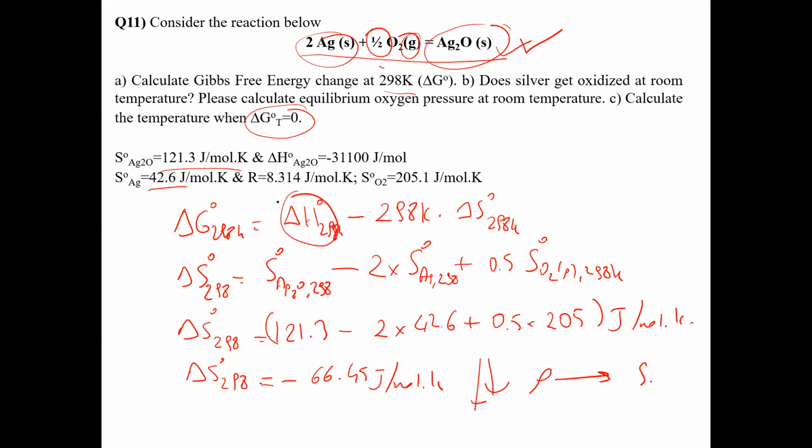And let's look at the delta H value, delta H 298. It is the enthalpy of silver oxide at 298 Kelvin minus 3 times the enthalpy value of silver plus half times the enthalpy value of oxygen gas at 298 Kelvin.